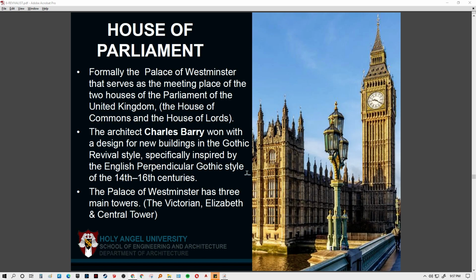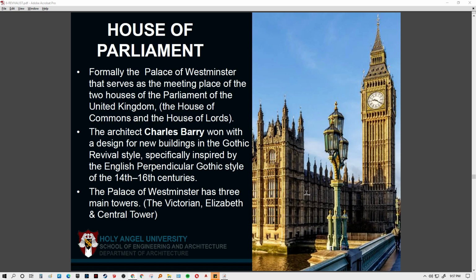These are the House of Commons and the House of Lords, the nobles and the scholars, so wealthy people in England. The architect who designed this is Charles Barry, who won the commission design, and styled it with Gothic revival.